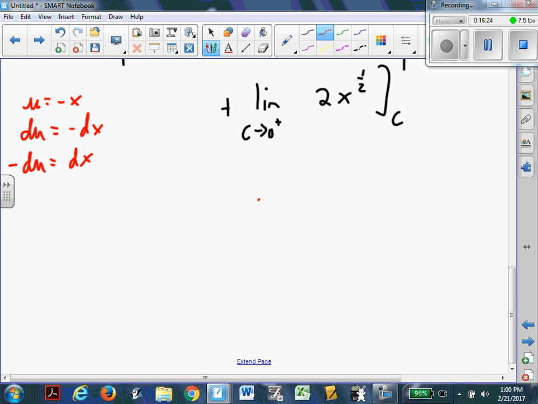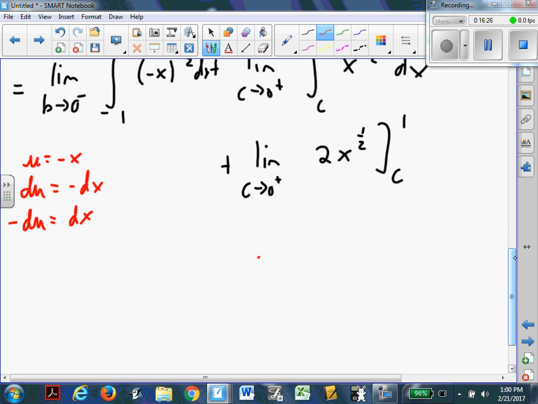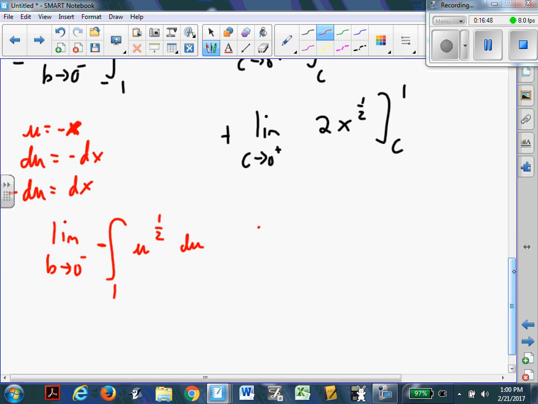And so now this integral on the left becomes the limit as b approaches 0 from the left of, well, the dx is now negative du. The u is negative 1/2 x. And now let's see. When x is negative 1, u is 1. And when x is b, u is negative b.